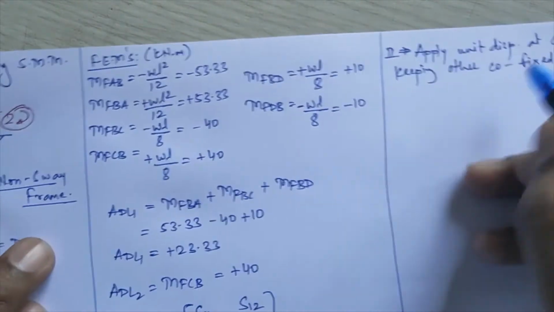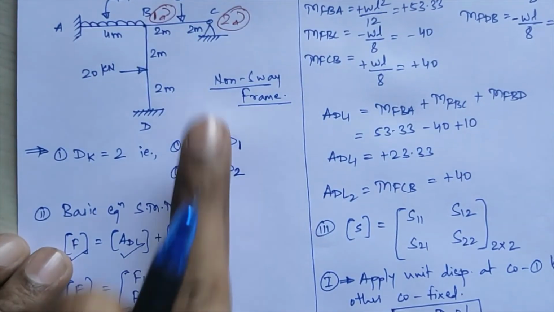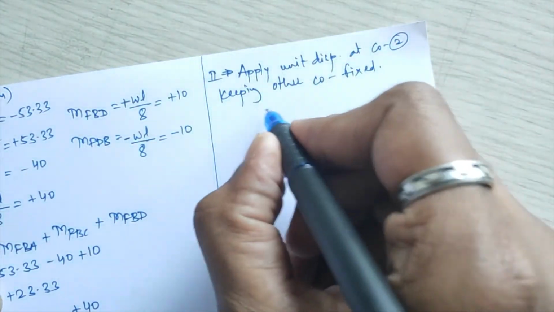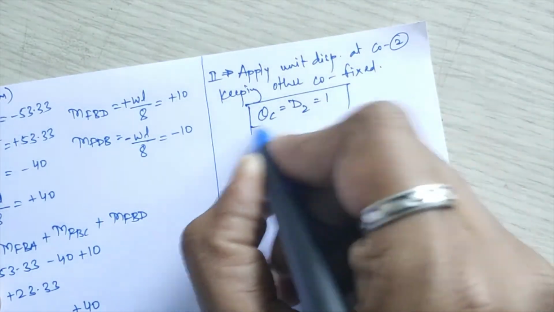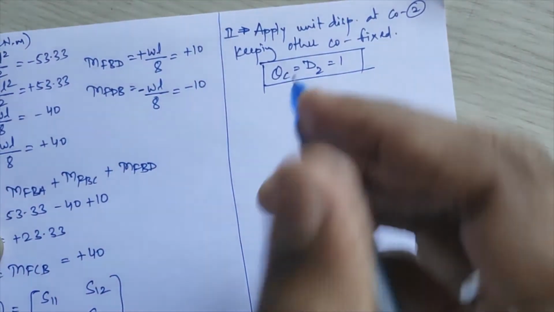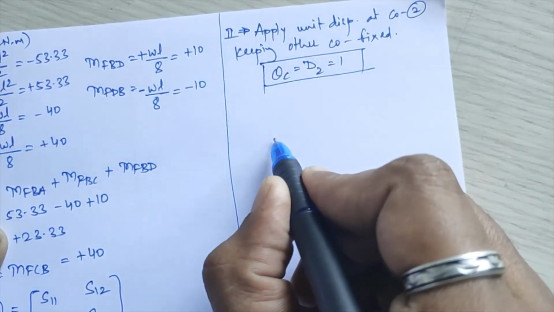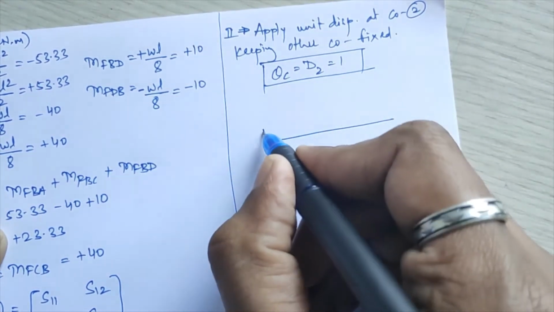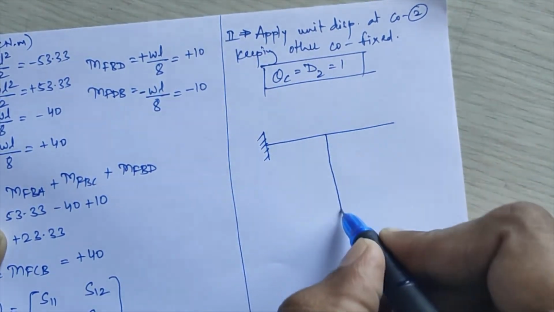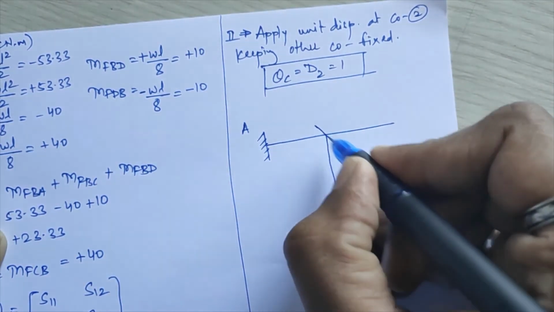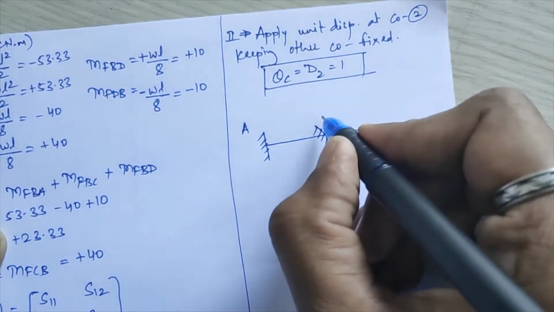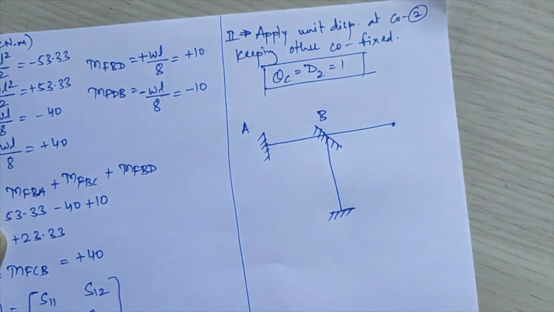Okay, that means you have to apply unit displacement at your second coordinate that we have taken for theta C. So what you have to do is apply theta C, or d2, is equal to 1 here. Okay, so I'll draw the diagram for stiffness coefficients over here. So this is your joint A, which is already fixed. Joint D is also already fixed, and what you have to do is fix joint B also here, and free up the joint C.